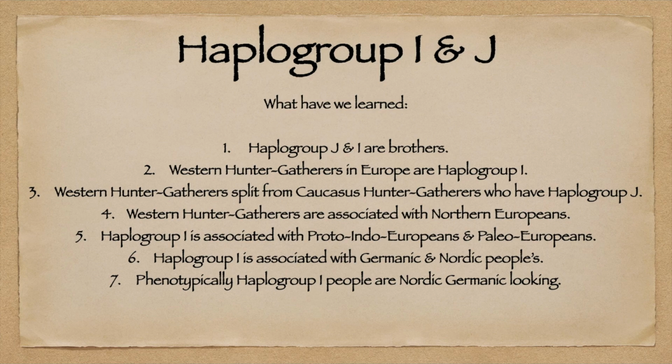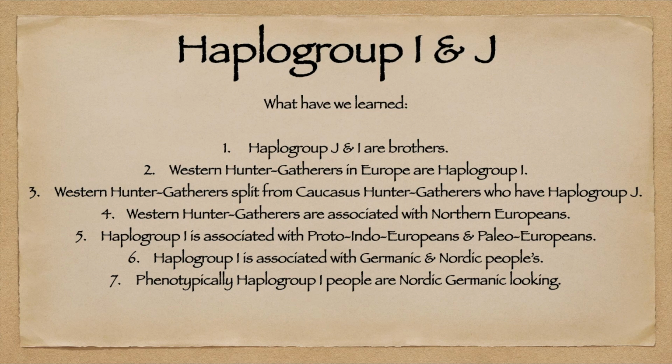So what have we learned? 1. Haplogroup J and I are brothers. 2. Western hunter-gatherers in Europe are haplogroup I. 3. Western hunter-gatherers split from Caucasus hunter-gatherers who are haplogroup J. 4.